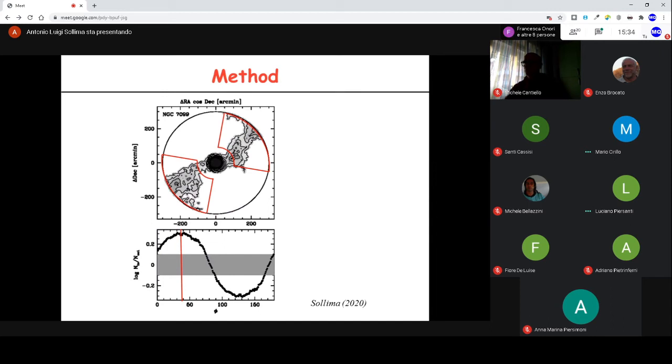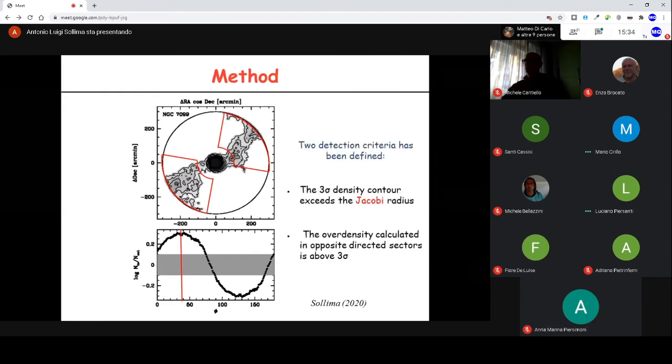So there is a position angle in which there is a maximum, and you can calculate using a Monte Carlo technique what is the fluctuation, which is linked to the Poisson noise. So the second criterion is satisfied when there is a maximum which exceeds 3 sigma. Okay, so now we have a quantitative criterion to define tidal tails.